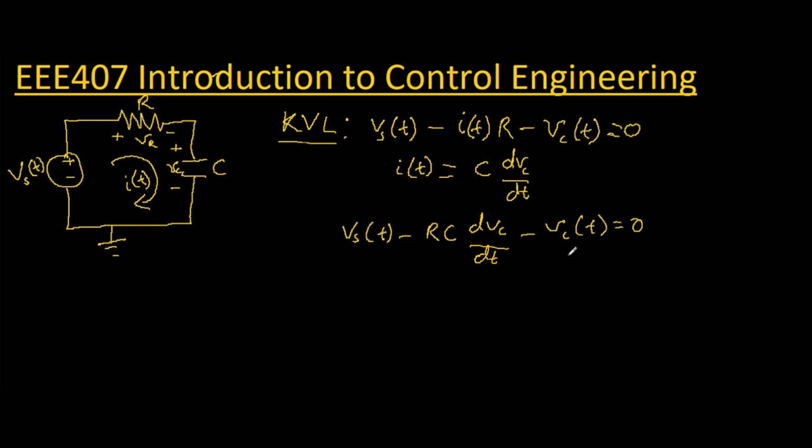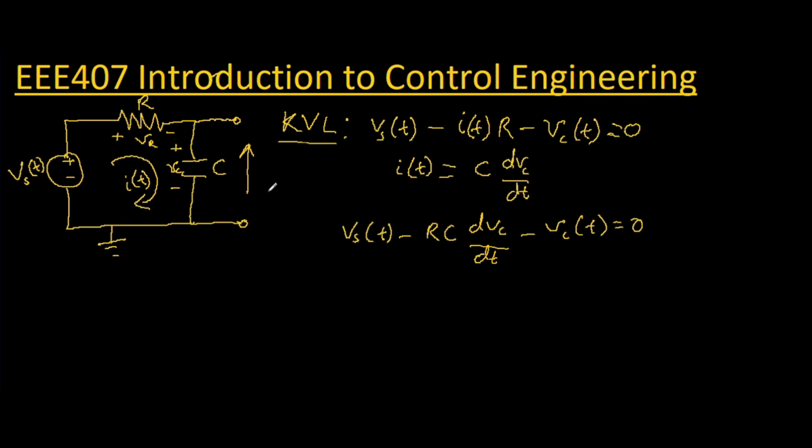In this system, I'm taking the output of this circuit to be Vc. So if you want, we could connect our outputs over here, and we could say we're interested in this potential difference here. We could call it our VL if we want, VL standing for V load, but in this case VL is the same thing as Vc. Let me leave it as Vc so that it's not confusing.